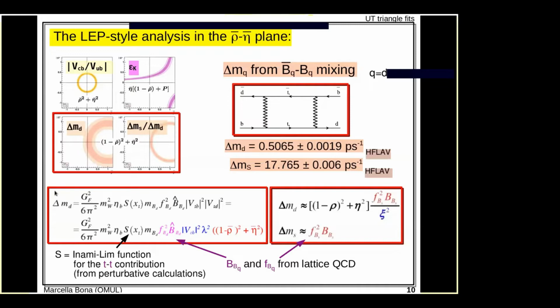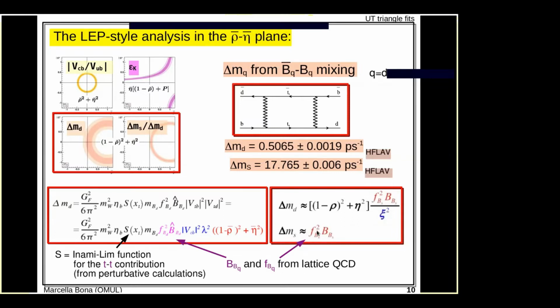Now, in this case, we have delta M_d that has a direct dependence on our rho bar, eta bar parameters, while delta M_s is basically used in a ratio in order to improve the error. So you see how the effect of the two measurements is improved by the fact that you're using a ratio, as usual.